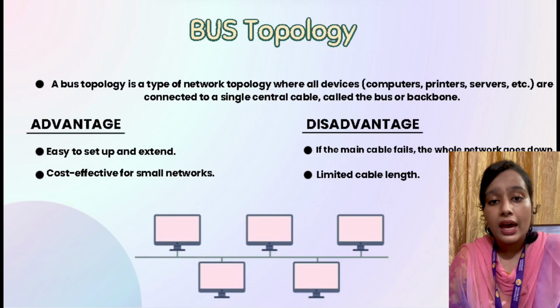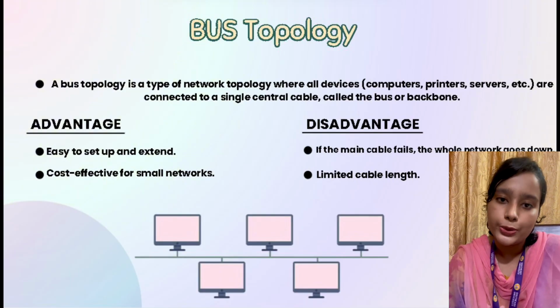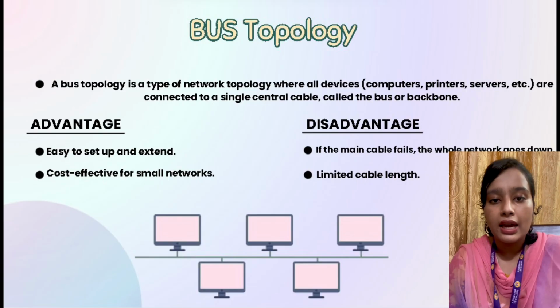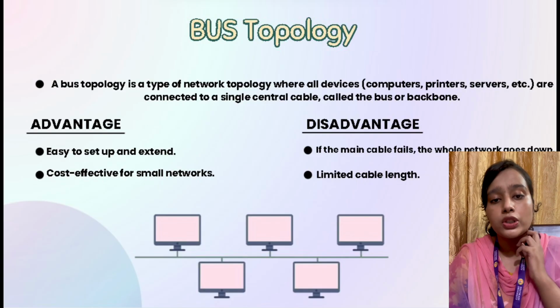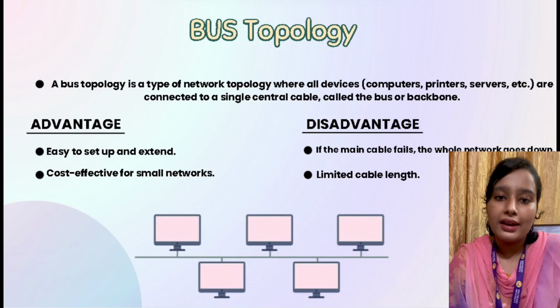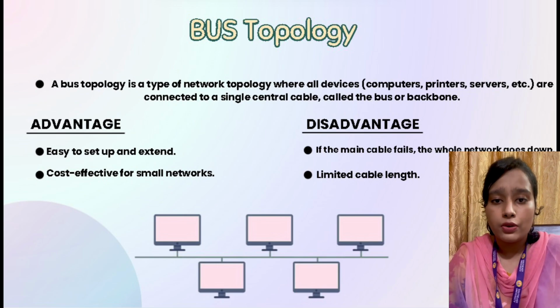This topology has some advantages and disadvantages also. In my slide, I have put 2 advantages and 2 disadvantages. The advantages are that it is easy to install and extend, and less expensive for a small network.